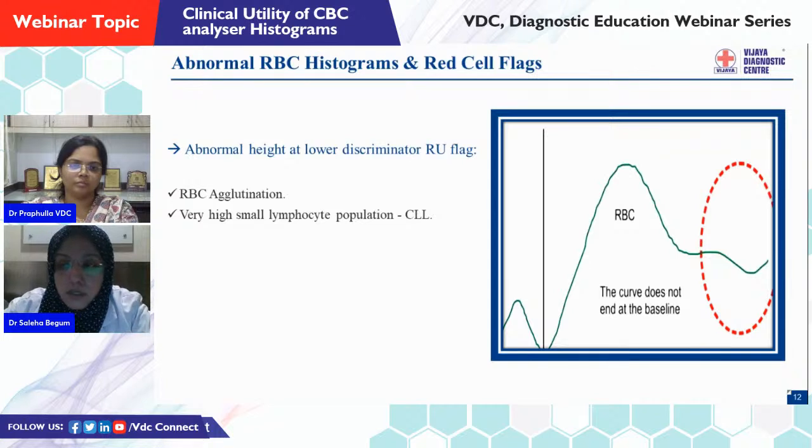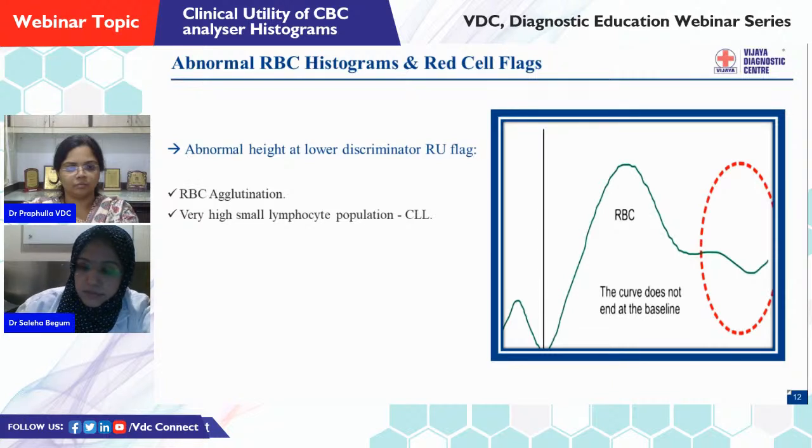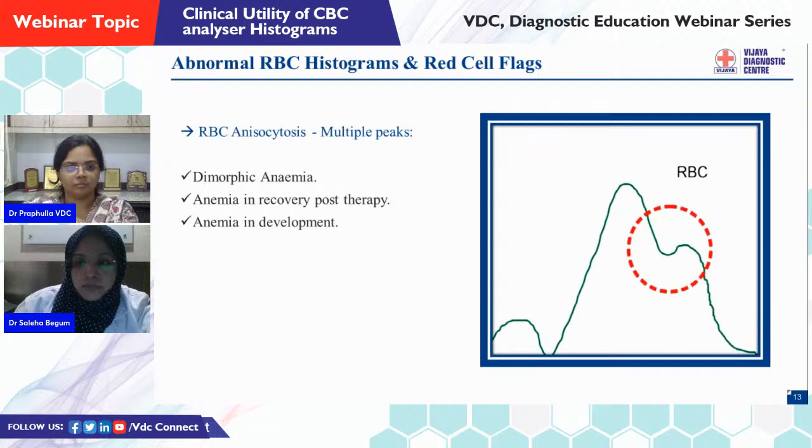So that's when they interfere with RBC detection. They are counted as particles in the RBC chamber, and that's how the graph ends at the upper discriminator, not touching the baseline, giving us the clue that there are some larger particles present in the blood than the usual RBCs.